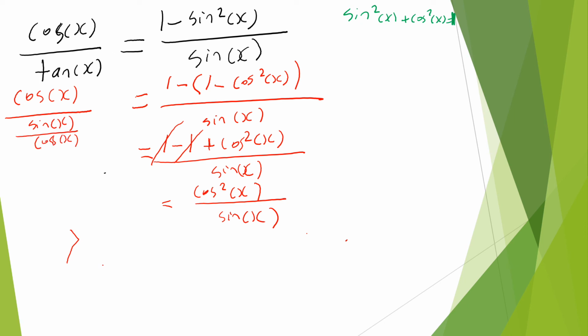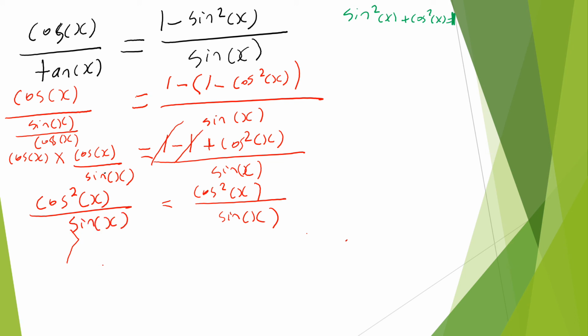And that can be written as cosine x times, changing the division into multiplication, flipping the denominator. Now that comes to cosine square x over sine x, and look, it's the same, so proven.